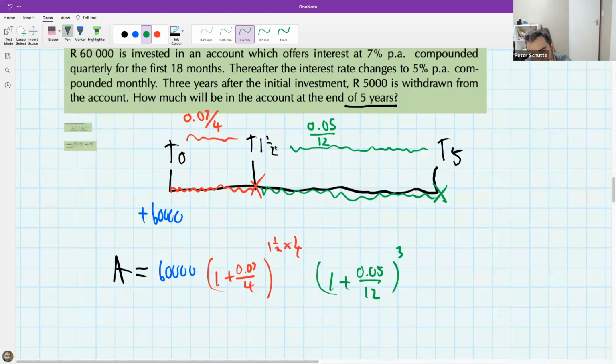How long do we have? We have half, 3.5. But that needs to be times by 12.